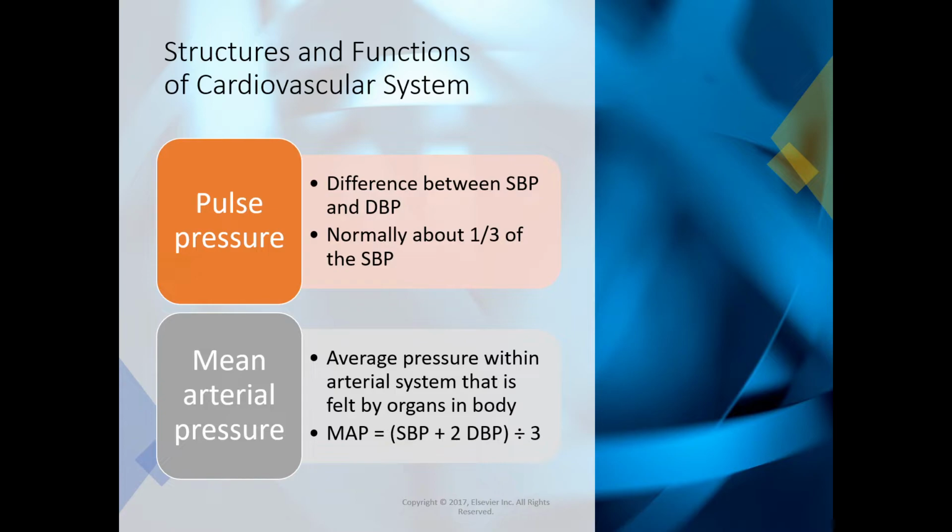And why is this important? Well, for a couple of things. As we age, the vessels, that endothelium lining, will get slightly more rigid. That can affect the pulse pressure, and that goes along with aging. And the norm for the pulse pressure should be between about 40 and 60, right?